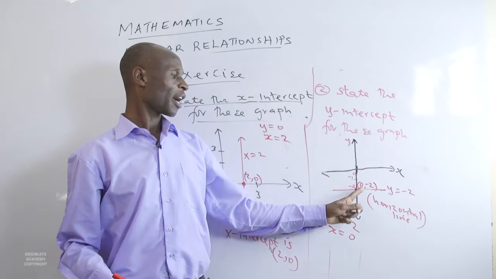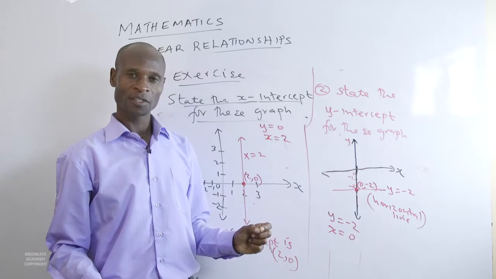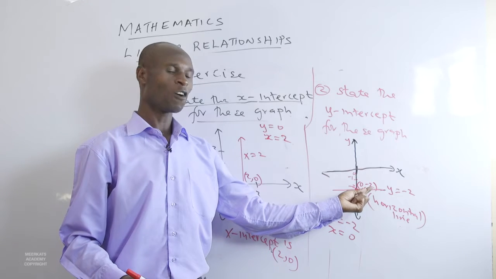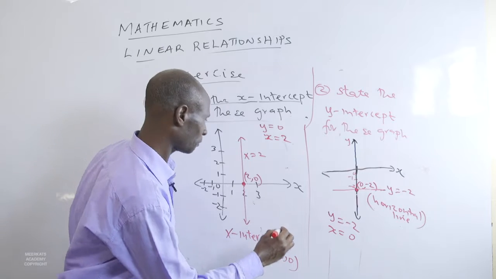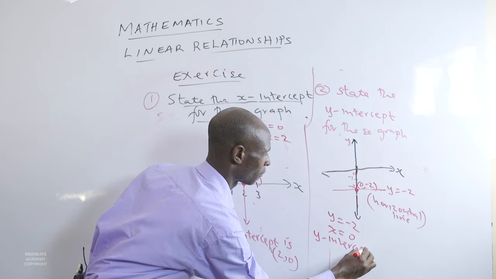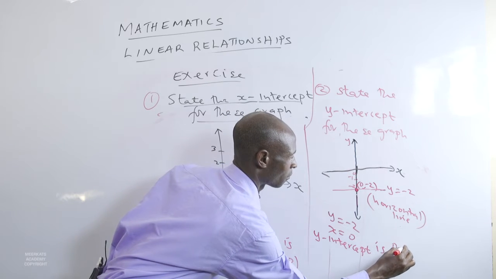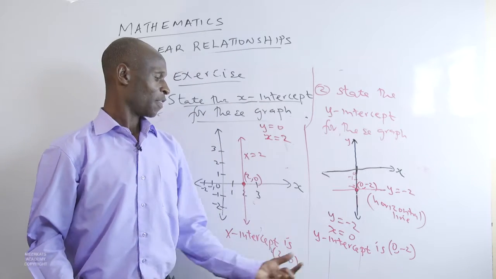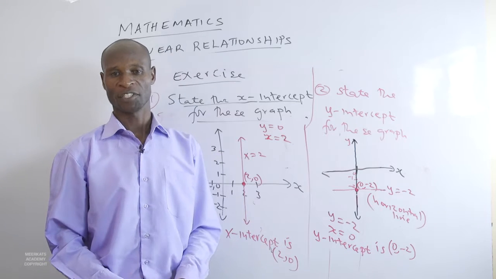We now write it as 0, -2. That means we start by stating the x-coordinate, then followed by the y-coordinate. That is the intercept, 0, -2, now as a point.